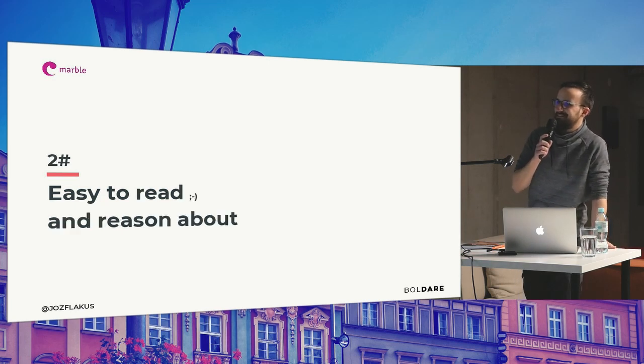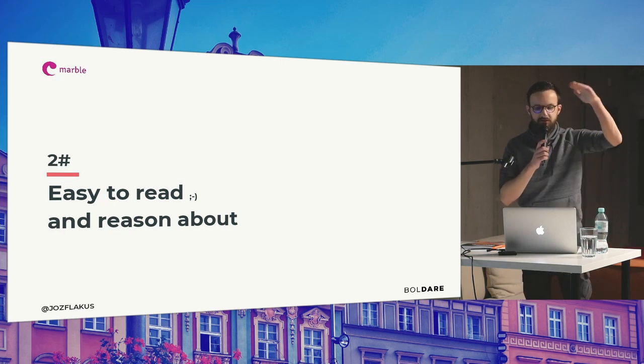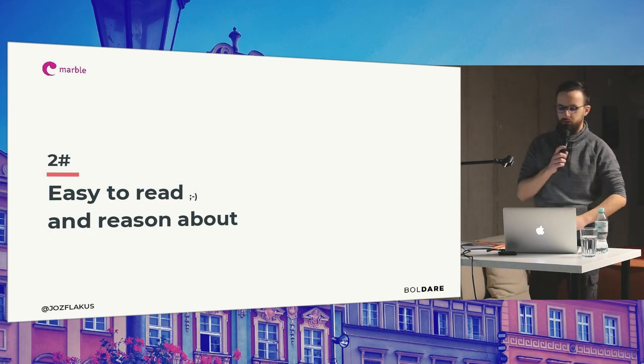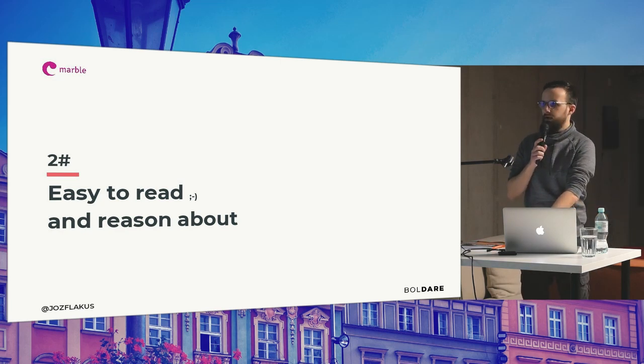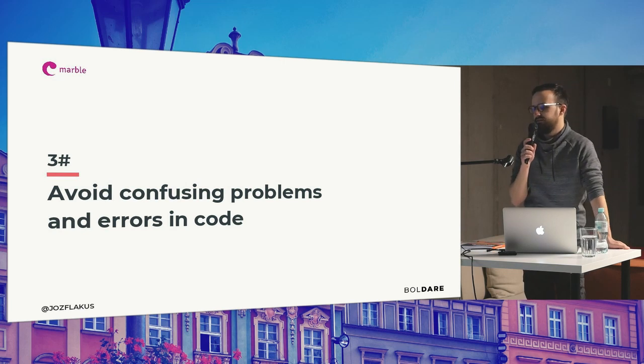And of course, this is easy to read if you are a functional programmer. And there is a small emoji because this is very subjective: for many developers it is easy to read, and for many other developers it can be a total mess. And it is easy to reason about because we have a linear flow from the top to the bottom, so it is easy to know what the effect handler is doing. And we can avoid confusing problems and errors in the code because it is based on the functional paradigm.